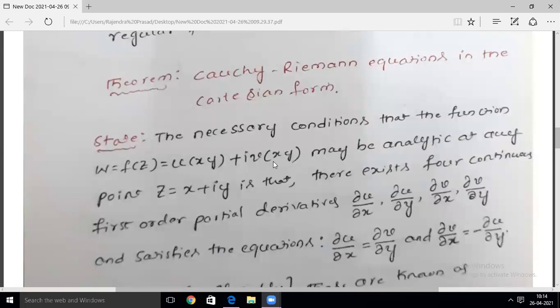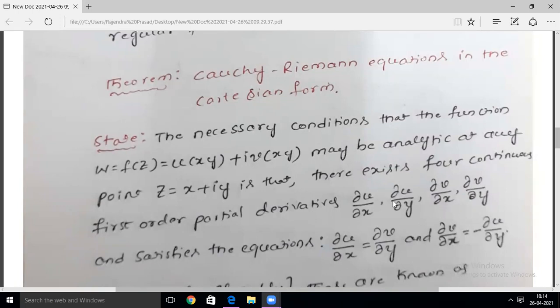May be analytic, nothing but f of z may be analytic at any point z is equal to x plus iy, is that there exist four continuous first order partial derivatives, del u upon del x, del u upon del y, u function with respect to x and y, del v upon del x, del v upon del y, v function with respect to x and y partially, right.